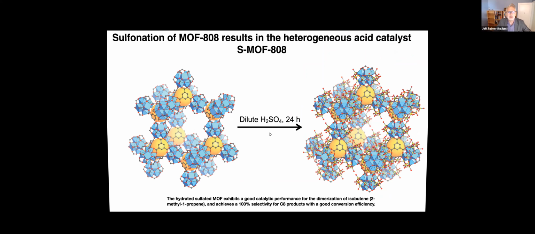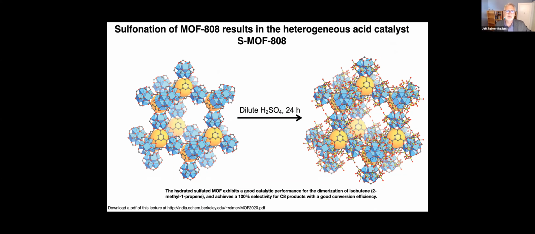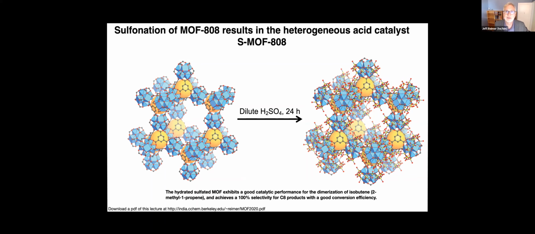It can be sulfated with dilute sulfuric acid to produce what is known as a sulfated MOF-808. It's a heterogeneous acid catalyst, and other groups, including our own, have shown that it exhibits very good catalytic performance, for example, to dimerize isobutene with 100% selectivity to C8. So it's a very nice catalyst. The question is, where's the action?